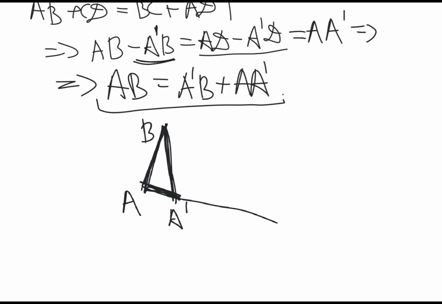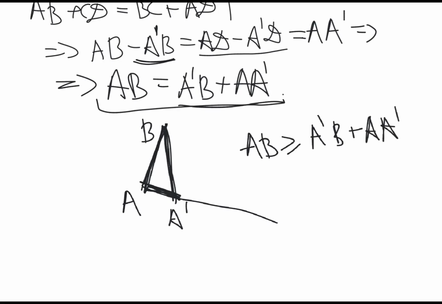So by the triangle inequality, any side in a triangle is less than or equal to the sum of the two other sides. So A prime B plus AA prime, exactly this expression. The equality holds only when the triangle degenerates, so when the three points lie on the same line.